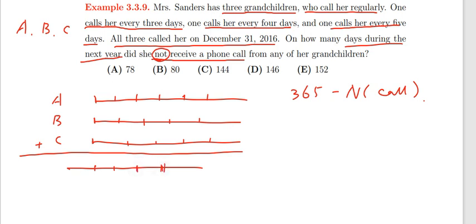So we use this notation: the union of A call, or B call, or C call.